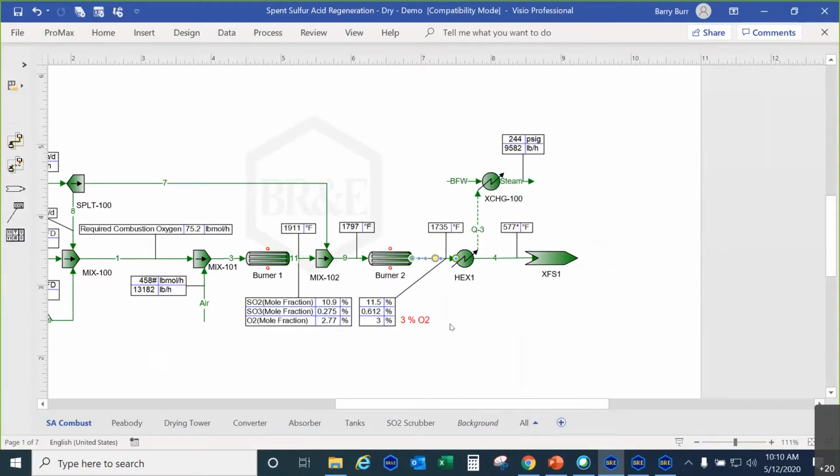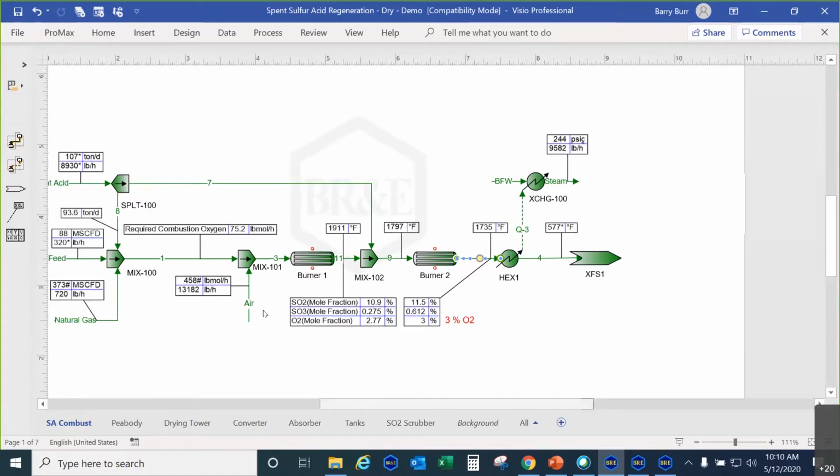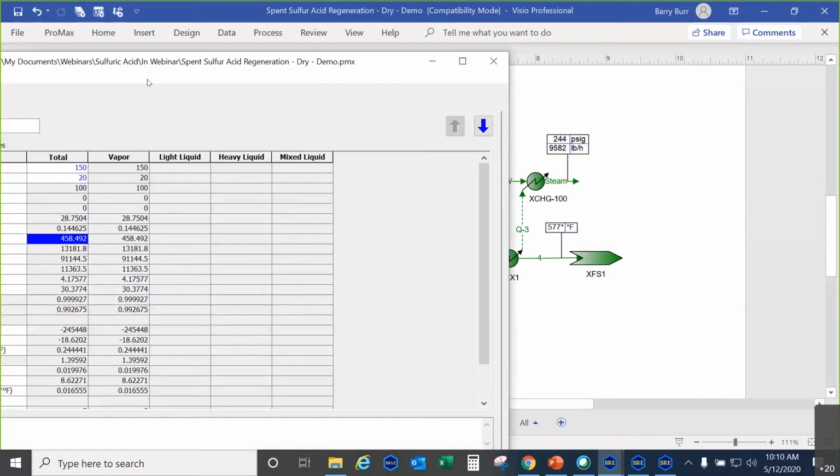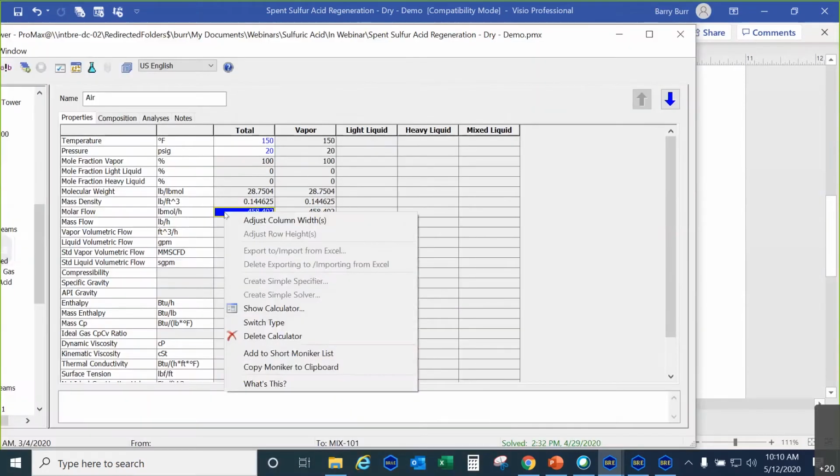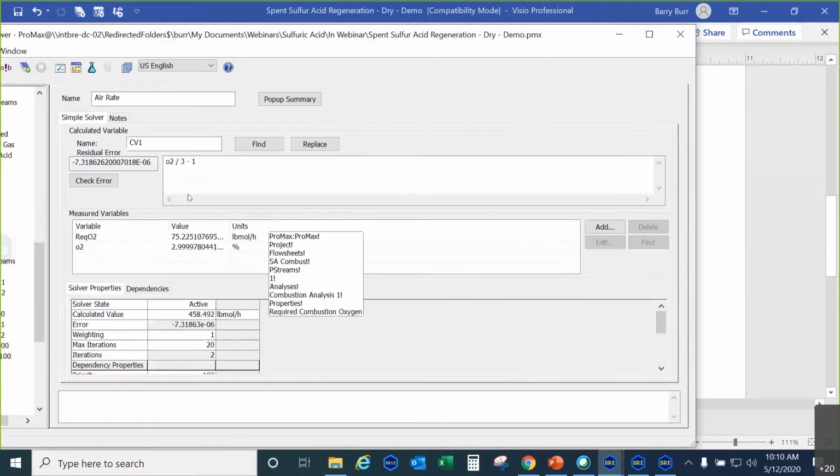So probably in this process you'd like to have a higher temperature and less SO3, because that ends up kind of being a waste. It doesn't make it to the sulfuric acid product. The airflow rate has a solver on it, so we're adjusting the airflow rate so that we get 3% oxygen at the burner outlet.